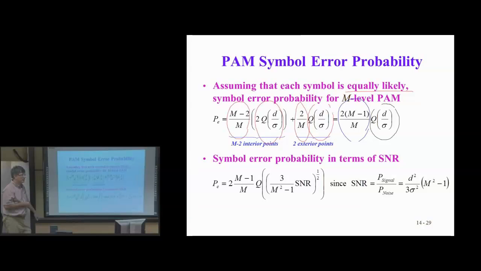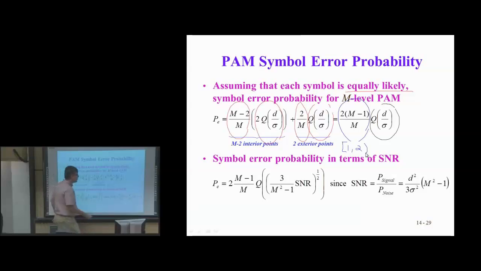When M is 2, it's 1, and when M goes to infinity, it's 2. That's right. So the range of values here is between 1 and 2. It doesn't change much, honestly.